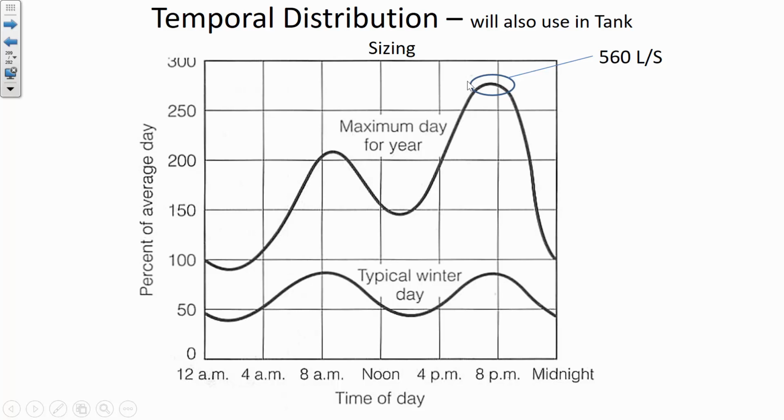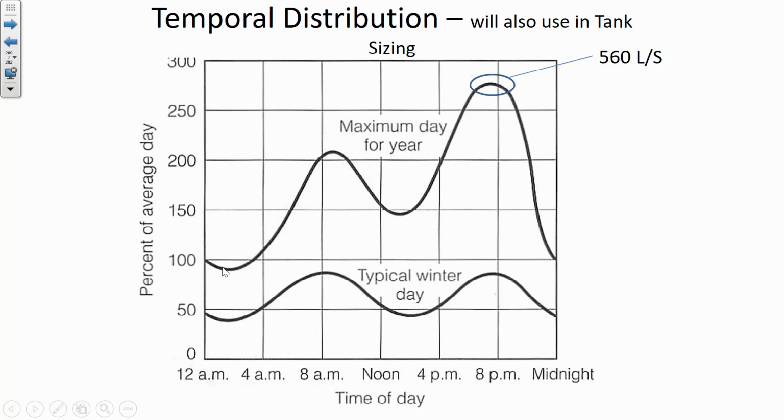But you can do more than that, because you could digitize this curve, and so like for example 100 divided by 275 multiplied by the flow rate, that'll tell you the flow at 12 a.m. Or if you want to know the flow at 6 a.m., the flow at 6 a.m. is going to be 150 divided by 275 multiplied by 560.